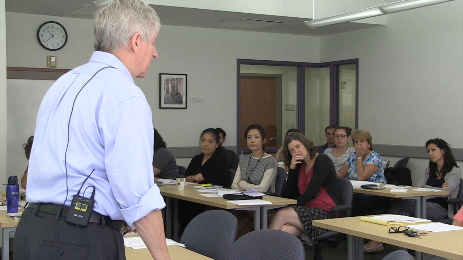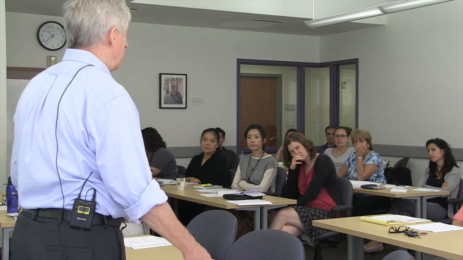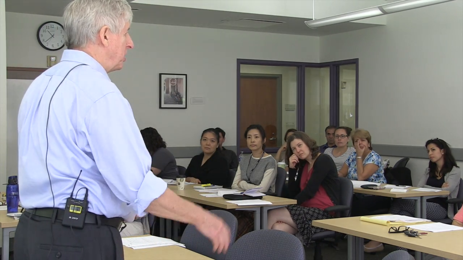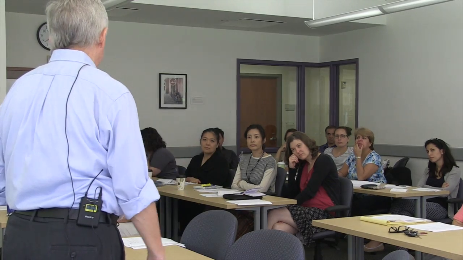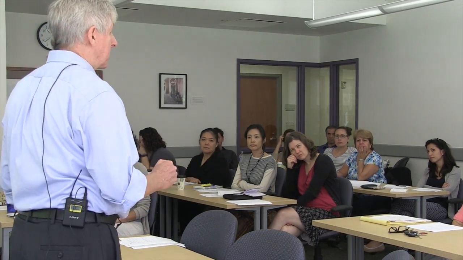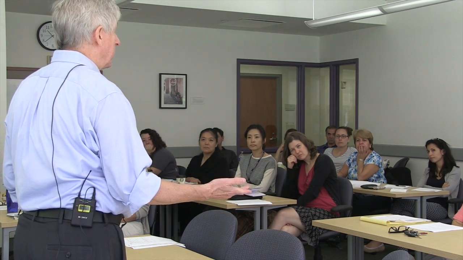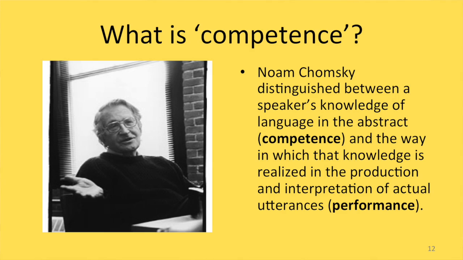He distinguished between competence, what people know in the abstract, some sort of mental configuration, a cognitive thing, and what people actually do. And he said, of course, there is some connection between what people do and what is in their minds, but you don't necessarily know what people know by asking them to do stuff. So he distinguished between competence and performance.